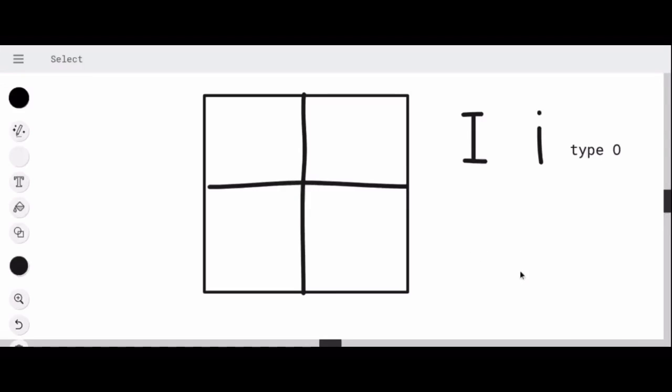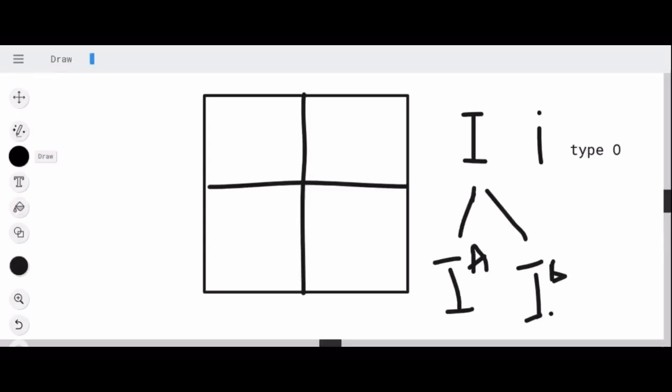So basically, what you end up having is you split these into 2, and you end up with an I with a little a in the corner, and an I with a little b in the corner. That won't draw. Anyway, meaning you now have 3 alleles, which makes it so much harder.